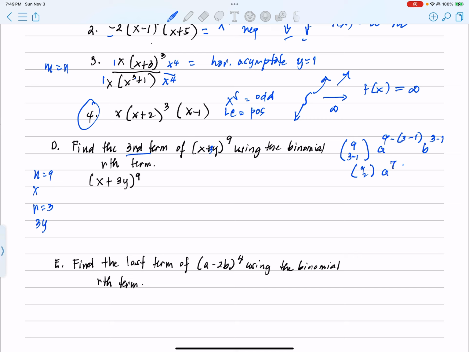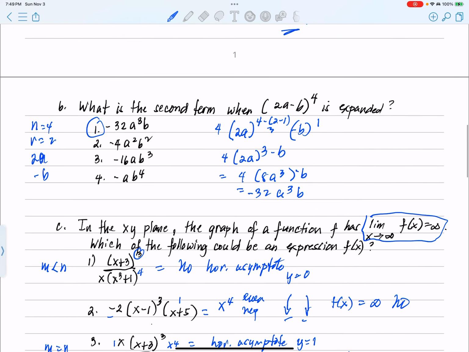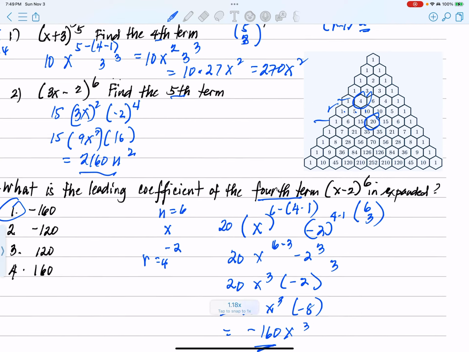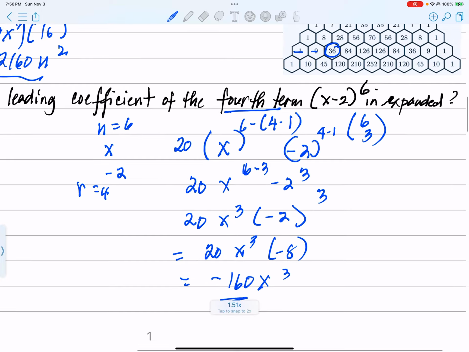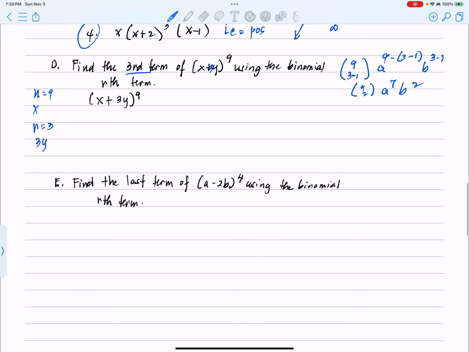So what is 9 choose 2? Let's look at that in our table, right here, row 9. And then 0, 1, 2, that's 36. Right? So that is 36, a to the 7.